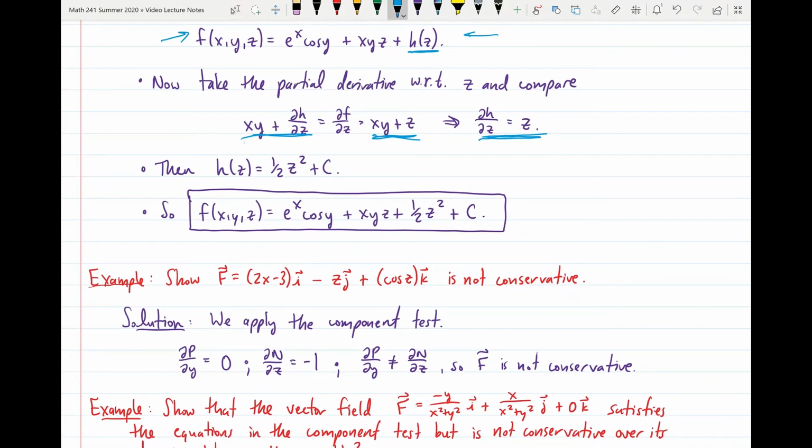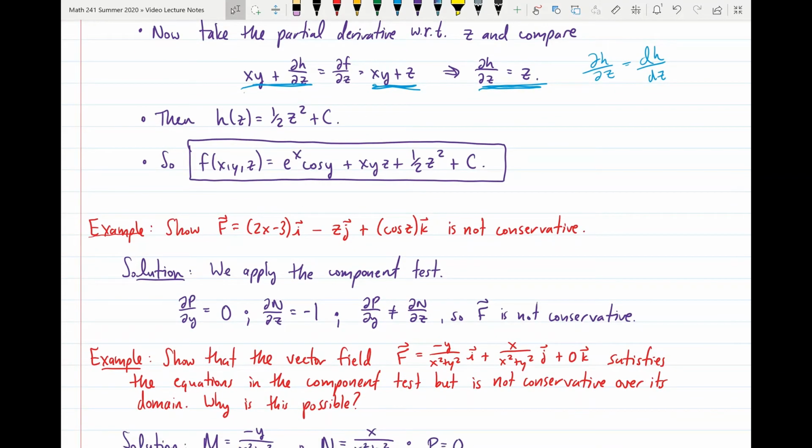And then finally, because h is a function in the variable z, it's a single variable function, then to find h, once we know that the partial derivative of h with respect to z is equal to z, we can just take the ordinary integral. So because h is a single variable function, partial h with respect to z is just equal to the derivative of h with respect to z, because there's only one variable here.